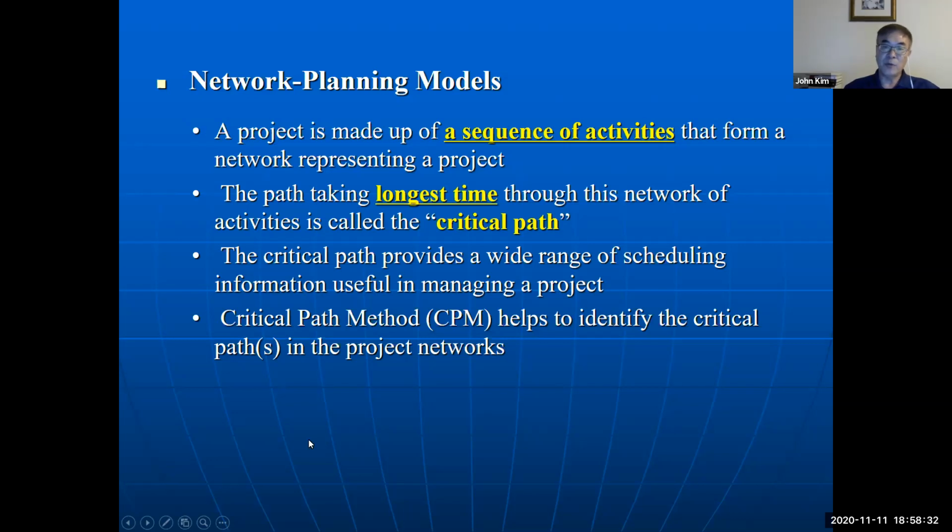So find which path is critical, then manage that path especially. And another name of network planning models in project management, I think you heard this word, PERT, P-E-R-T.